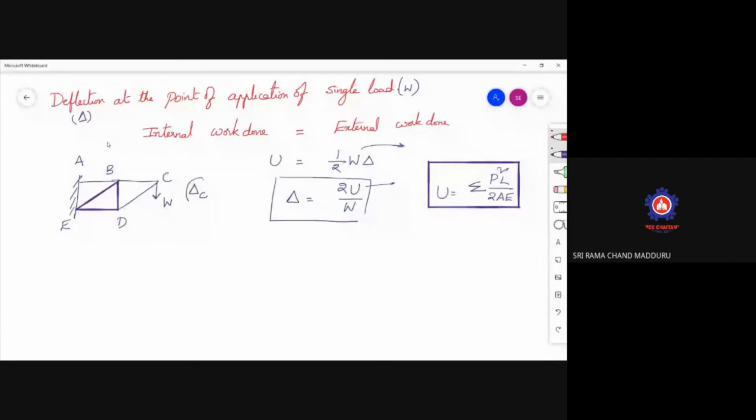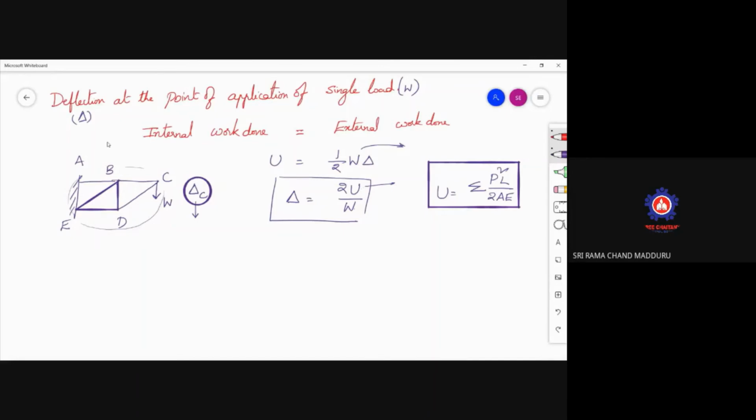To calculate deflection delta C, the formula is nothing but 2U by W. How did you get it? By making internal work done equal to external work done. So what is the meaning of U? U is nothing but the strain energy stored in the entire frame. So how to get it? Summation of each individual strain energies.